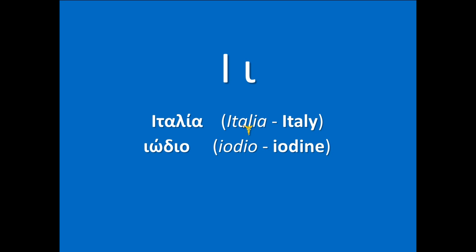The iota is pronounced I, like Iraq, the country. The capital iota we write as the capital letter I, just a big straight line. If you want, you can put this, but we don't use to do this.